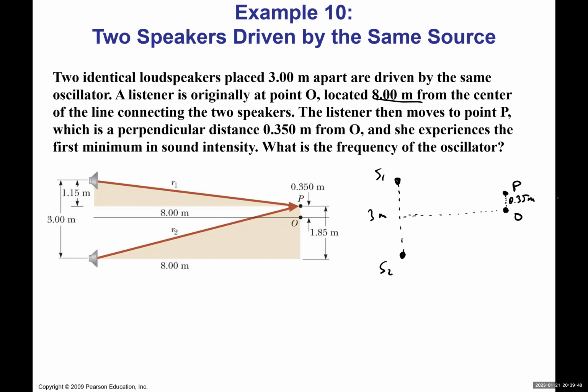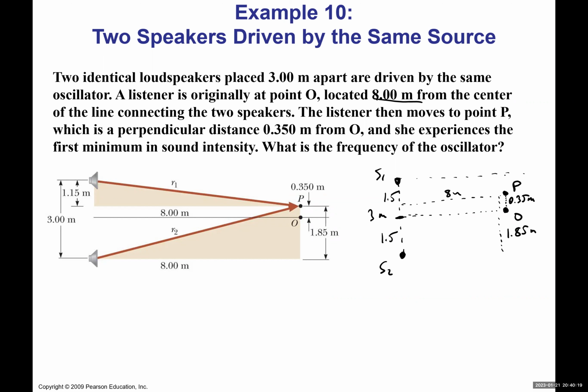Now, if this is 3 meters, then technically this would be 1.5 and this would be 1.5. Because she moves 0.35 meters, I can draw a line like this to there. This is still 8 meters, but this distance from there to here is 1.85 meters.